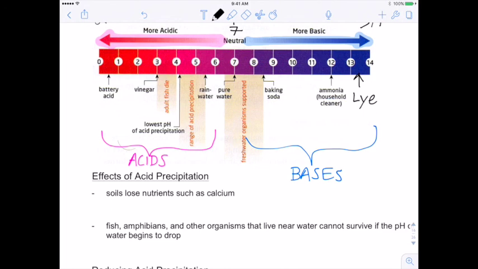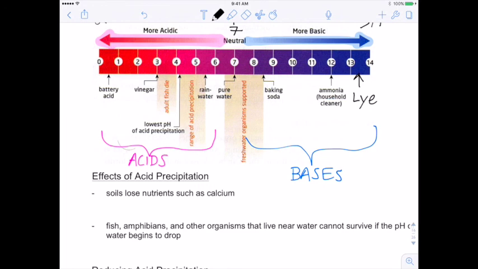Similarly, some plants and animals are really sensitive to this acid. So we have thick skin, and our skin won't burn if we walk out in the rain, even though the rain is slightly acidic. But some organisms that live closely on land and in water are really sensitive to acid rain.